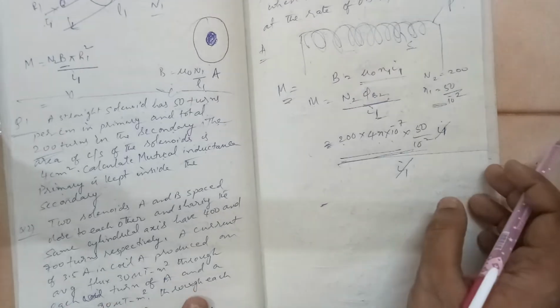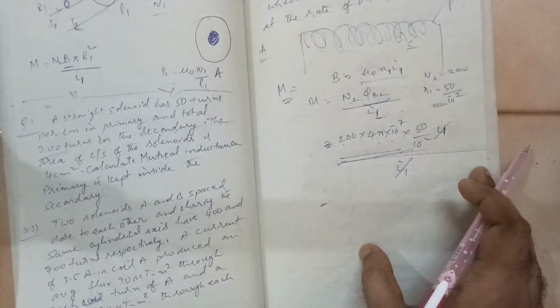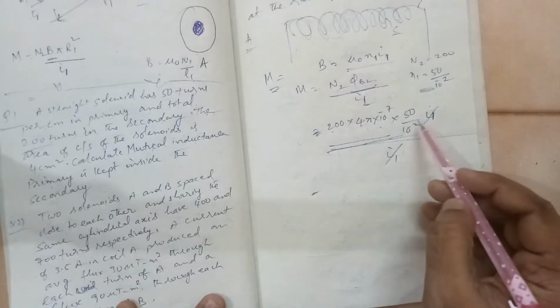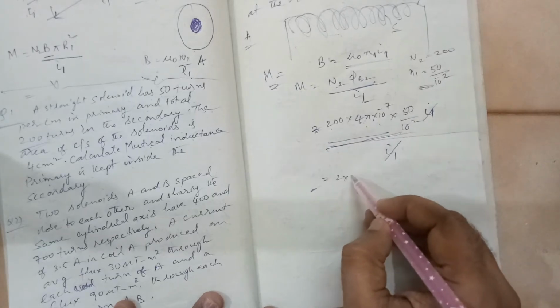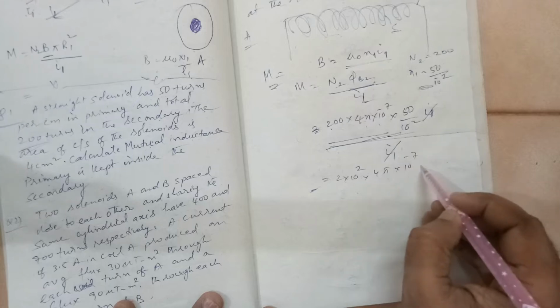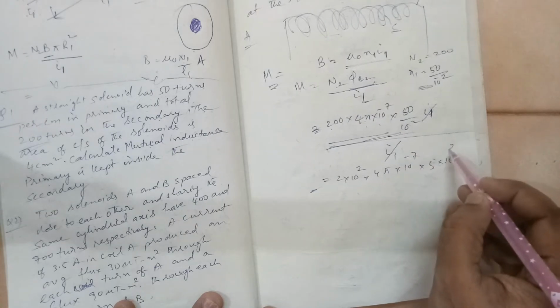If you simplify that, 200 becomes 2 into 10 power 2, 4 pi 10 power minus 7, and this is 10 power minus 2, this becomes 5 into 10 power 3.